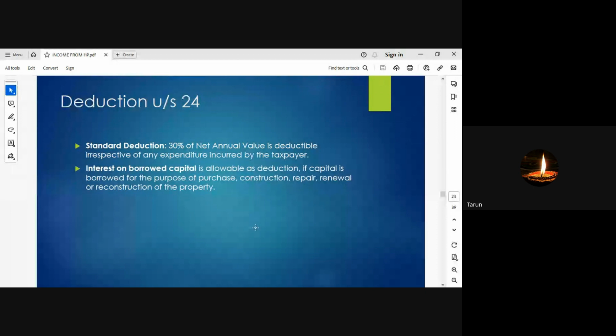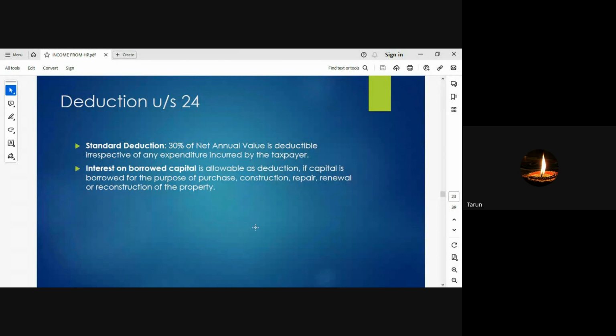Next one is interest on borrowed capital. Interest on borrowed capital is allowable as deduction if the capital is borrowed for the purpose of purchase. Remember these small points, because they are very important to answer correctly in multiple choice questions. So on what purposes?